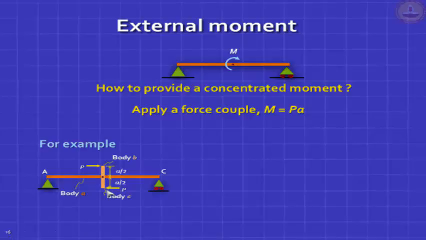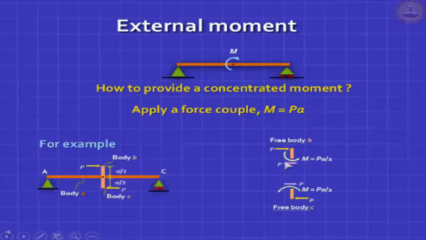So I have three bodies there: the beam, which is body A, and the vertical bar, the top half is body B, the bottom half is body C. If I separate out the free bodies, now you know what a free body is, the bodies B and C will look like that. To balance this P, I have to put a force P here, but still it's going to rotate. I have to put some other symbol. This curved arrow is what we call a moment. M is equal to Pa/2, and similarly I have to do that here.